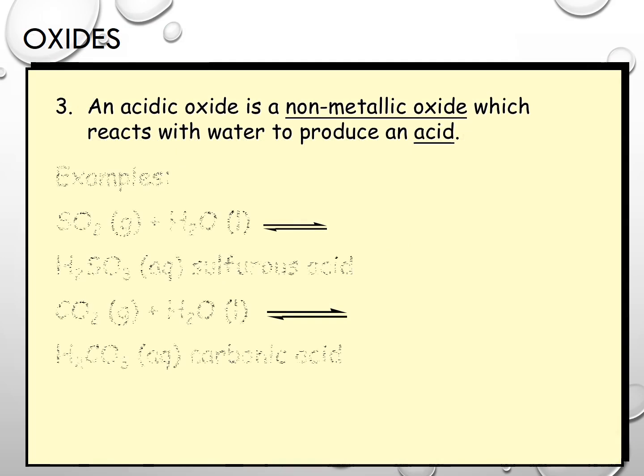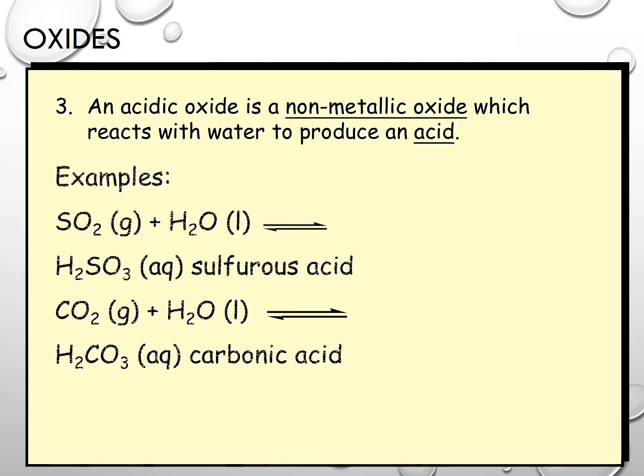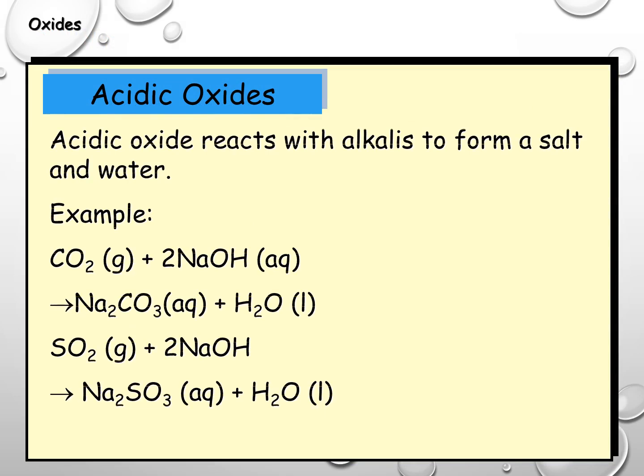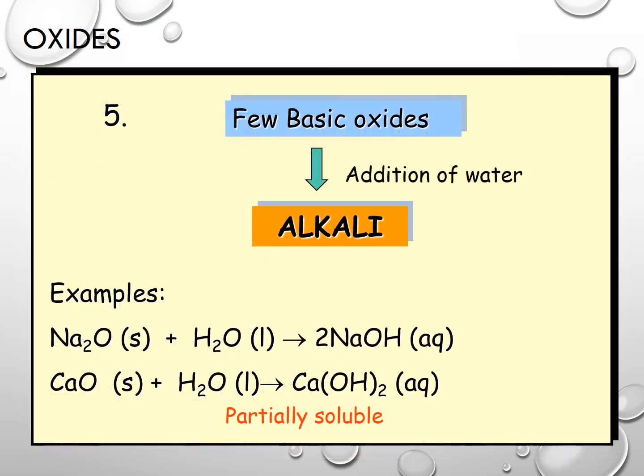Examples include sodium hydroxide, potassium hydroxide, calcium hydroxide, and aqueous ammonia. Alkalis produce hydroxide ions, OH-, when dissolved in water. These hydroxide ions are responsible for alkaline properties.